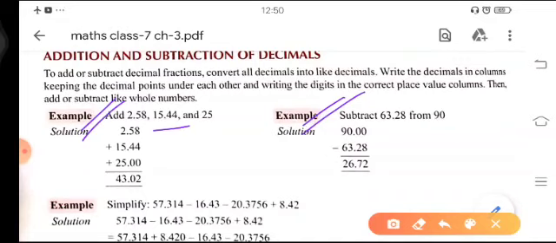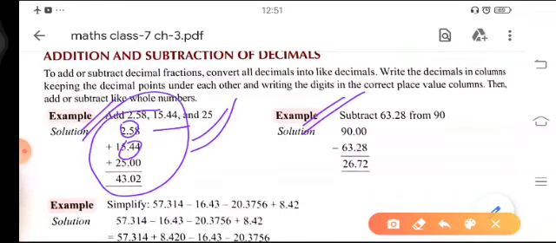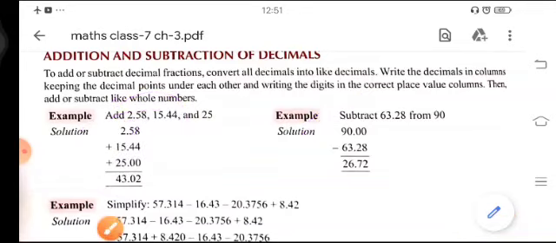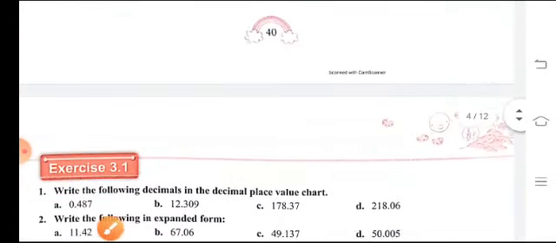We put the decimal points in a row. To write the decimal values we can also take the help of a place value chart. After writing the numbers we simply add them and put the decimal point in place. So that is a very simple topic.